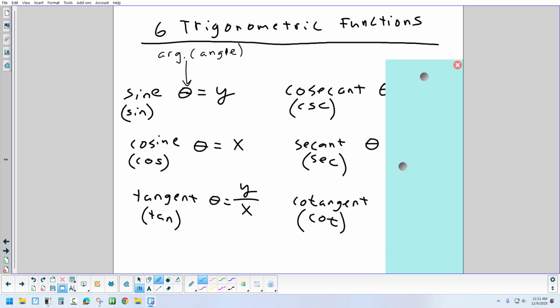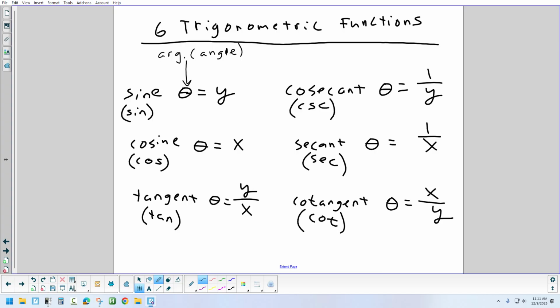So if we know the sine is the y value, what do you think the formula for the cosecant would be? Yeah? 1 over y. And same reasoning for secant. What do you think the formula for secant would be? Yep. 1 over x. It's the reciprocal of cosine. And how about the formula for cotangent? Yeah. X over y.